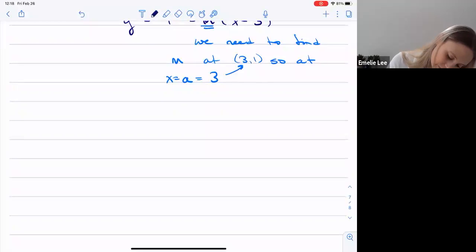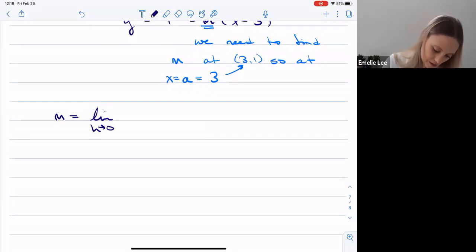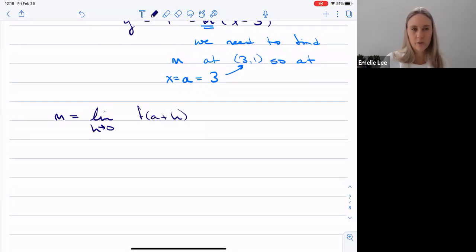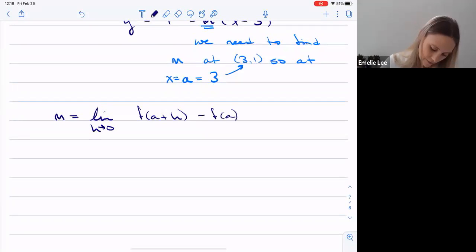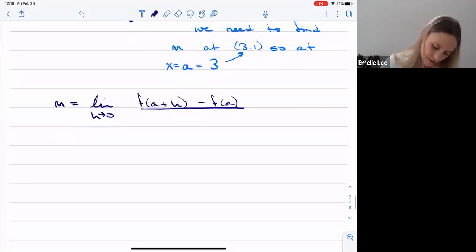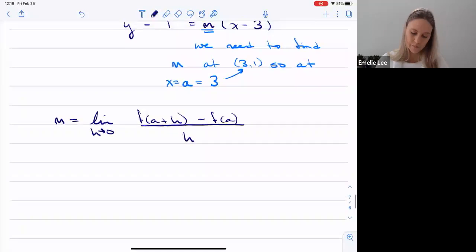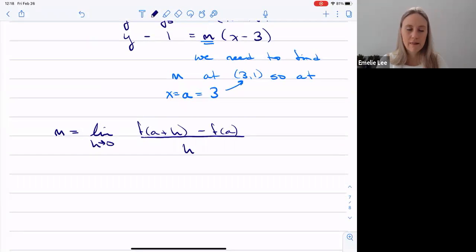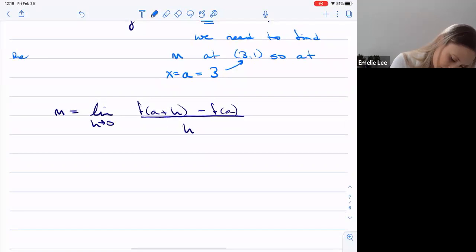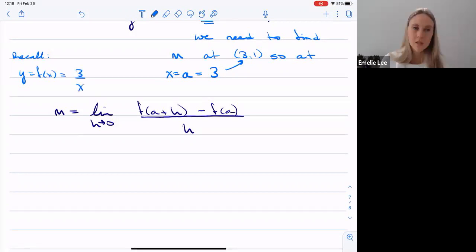So m is the limit as h goes to 0 of f of a plus h minus f of a over h. I'm just going to do the general version. And then here I'll put on the side, recall that y equals f of x equals 3 over x.